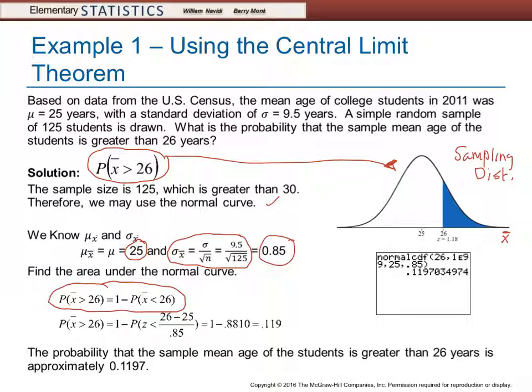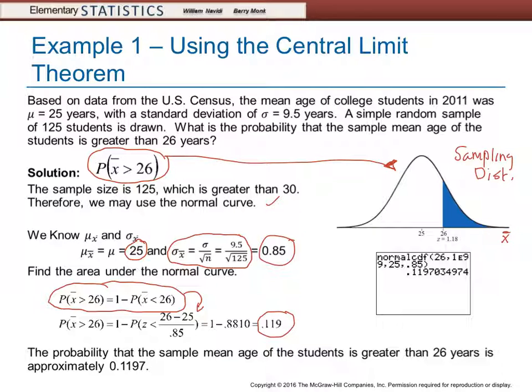And now we have to use the z transformation in order to use the z table. And in this case we do, and we find that from the z we get a probability of 0.8810 from the table.